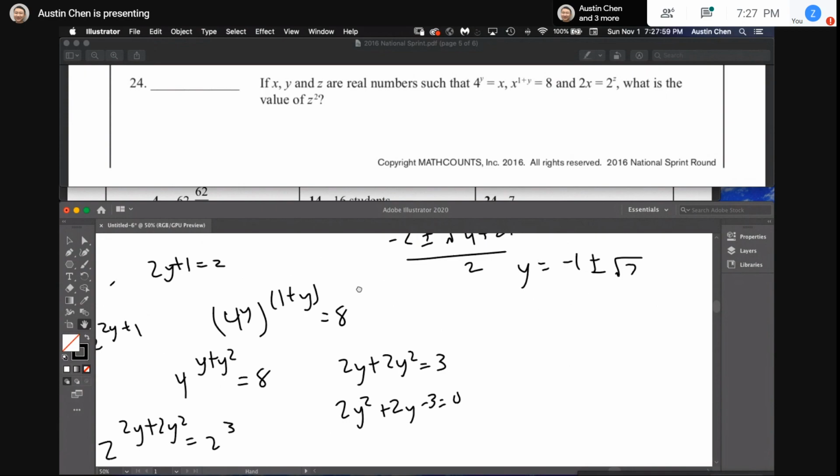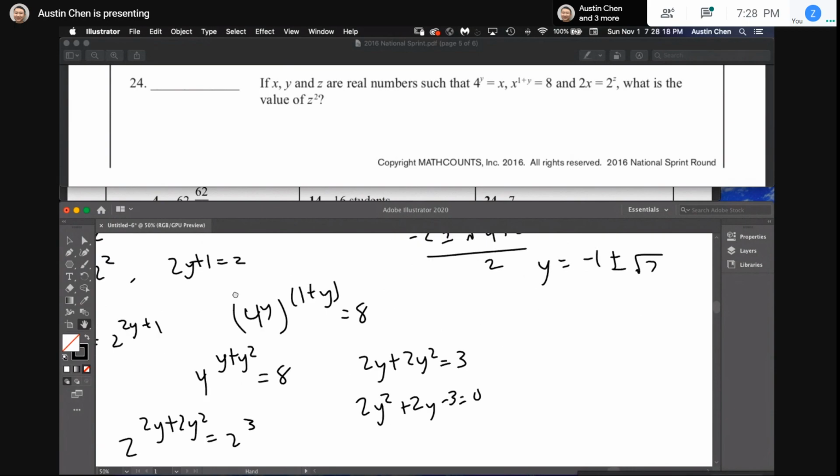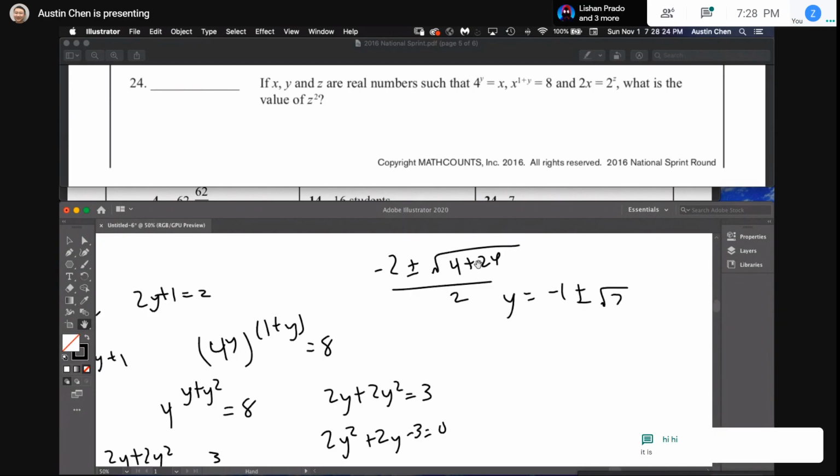Don't mind me. Okay, but we did make some mistake here, right? The discriminant is 24, he says. Like this whole thing is 24? No, it's 28.